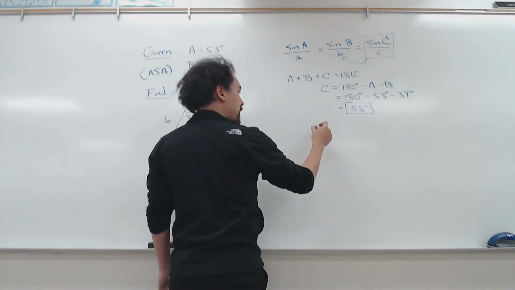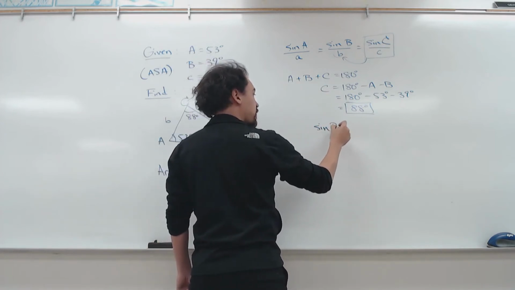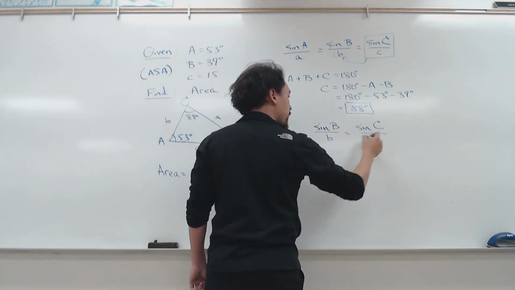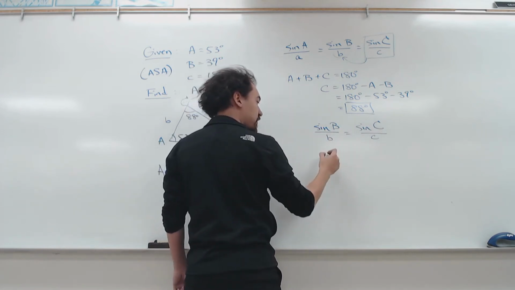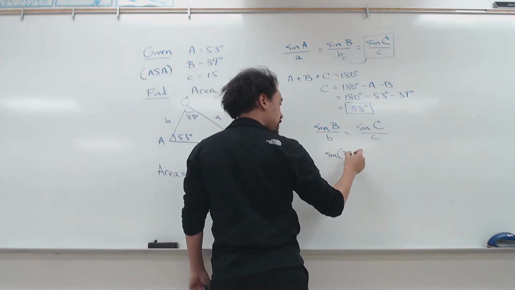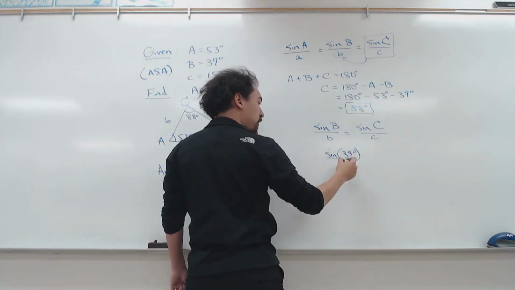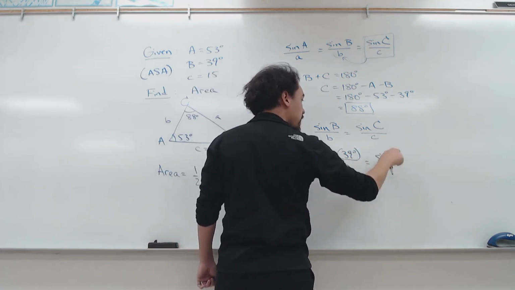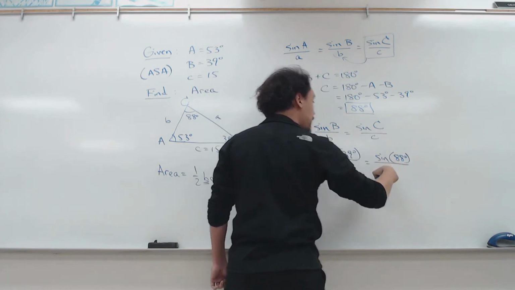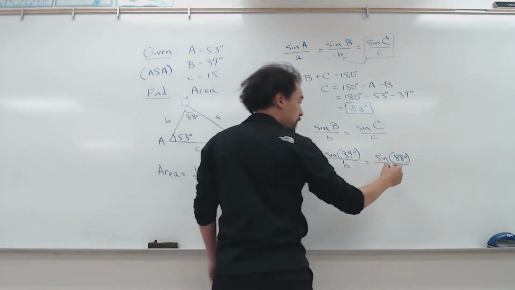So if I write that ratio down, sine of angle B over lowercase b is equal to sine of angle C over lowercase c. And I can fill in the numbers. Sine of angle B was given 39 degrees. Lowercase b is what I'm trying to find. Sine of angle C, well, we already found angle C to be 88 degrees. And the lowercase c was given in the problem to be 15.